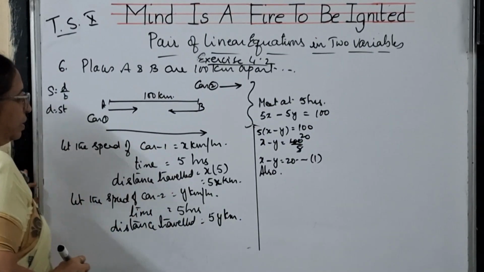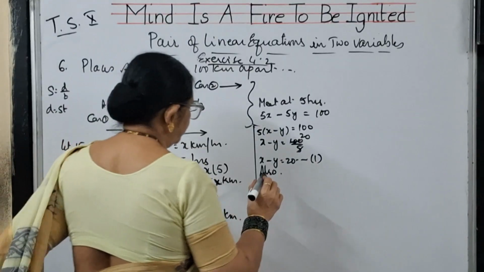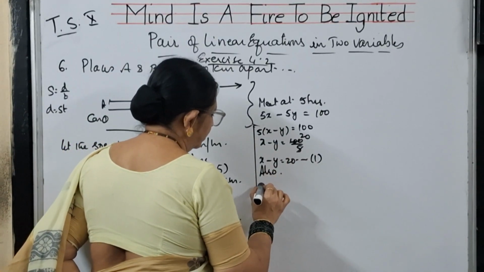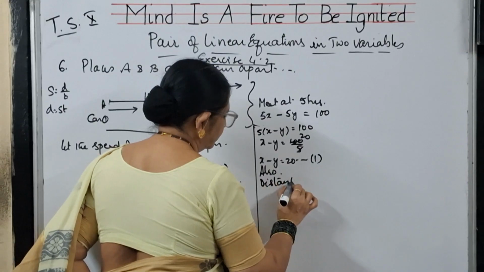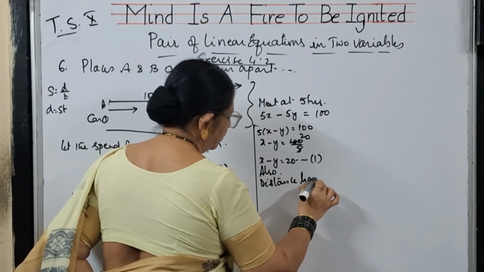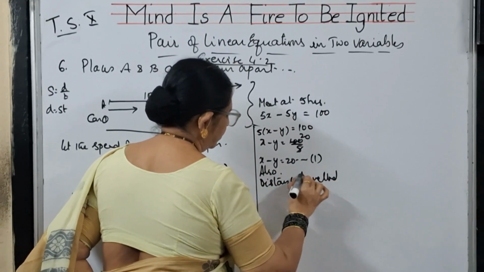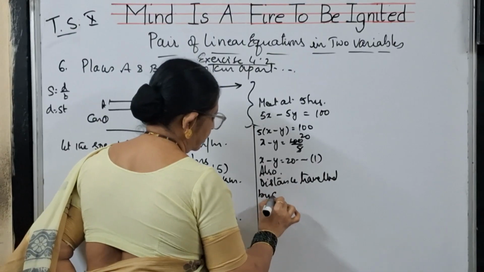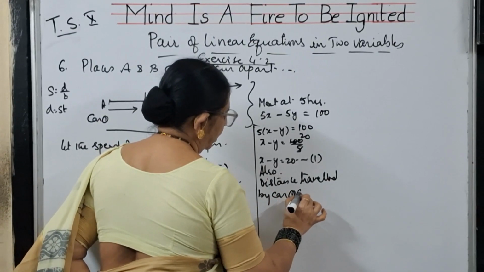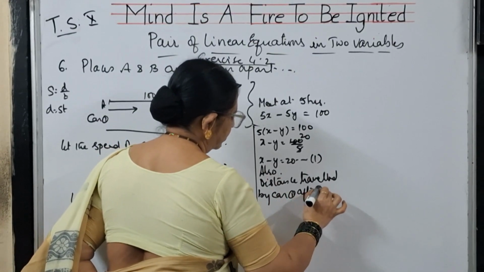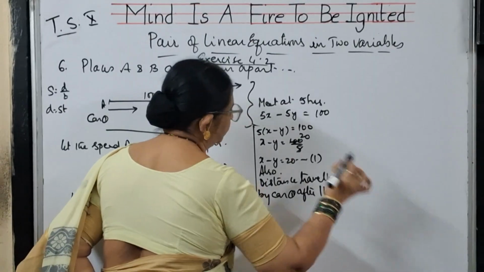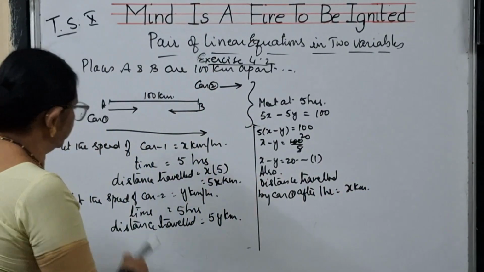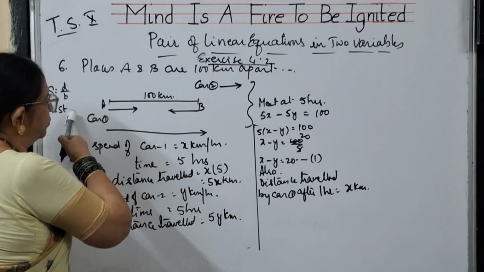So, also, distance traveled by car 1 after 1 hour is nothing but x kilometers, 1 into x kilometers, because distance is speed into time.